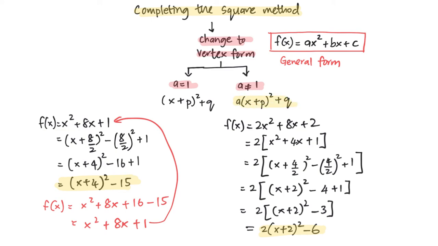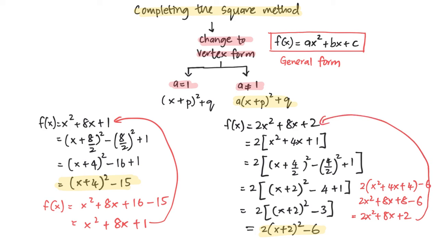If you want to check, let's check this quickly: 2x squared plus 4x plus 4, and then minus 6. This will be 2x squared plus 8x plus 8 minus 6. You can see at the back here it's already positive 2, right? So that will be exactly the same, which means our vertex form is correct.